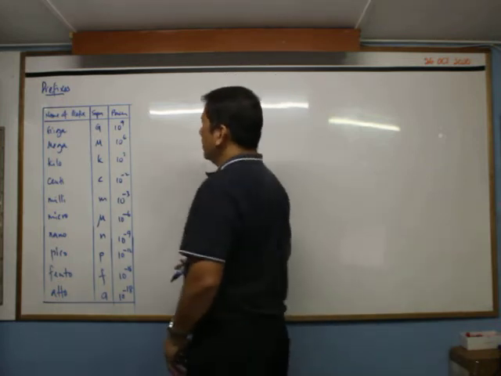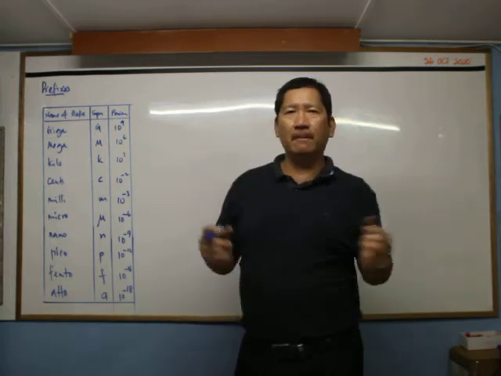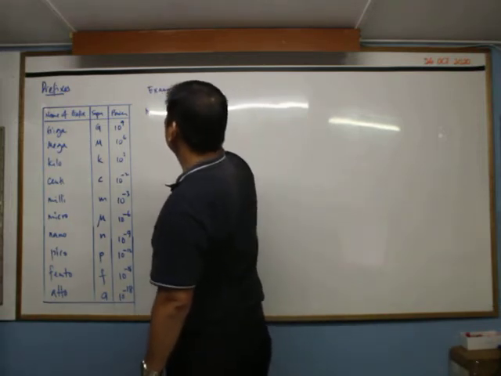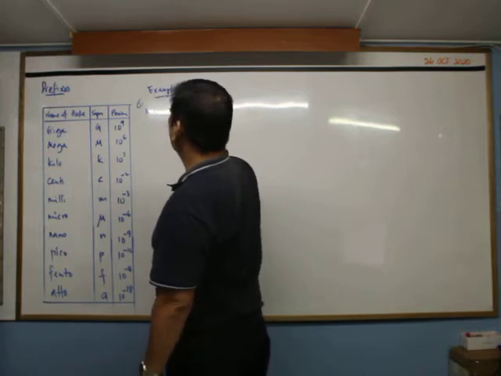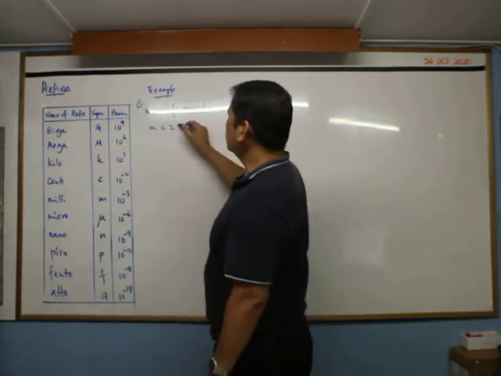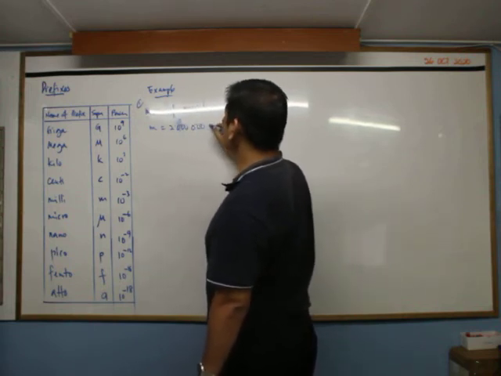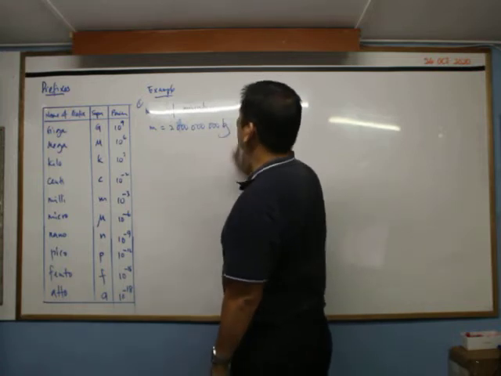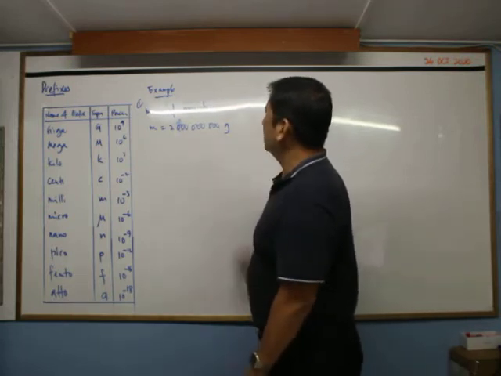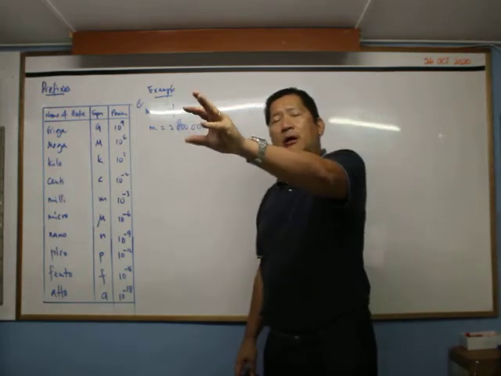For example, if you talk about the mass of a mountain, let's say the mass M is equal to 2,000,000,000 grams. Now, every time people ask a question, for example tourists, how massive are those things?